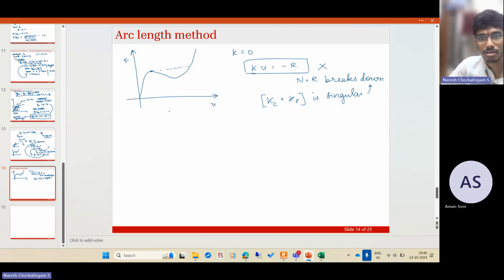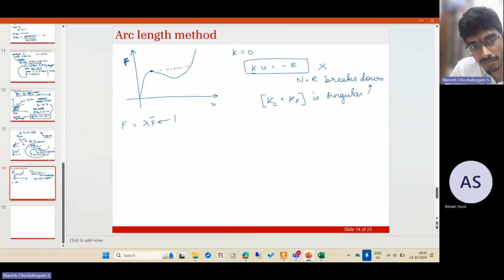In those cases, what we do is, instead of taking the increments in the force, instead of making the force increments predetermined, right? Here the force increments are something that we are predetermining, and then we are finding the solution for a specified increment of force. Instead of that, what the arc length method does is express the force itself as some load factor times a known force.